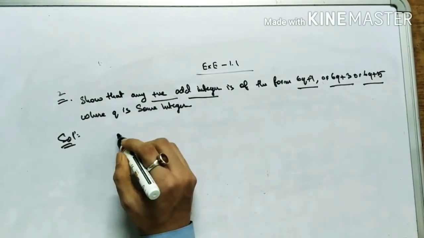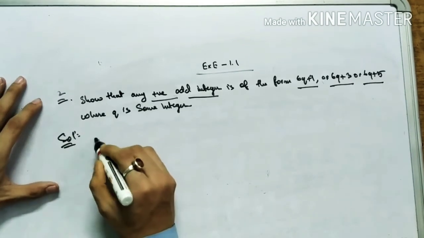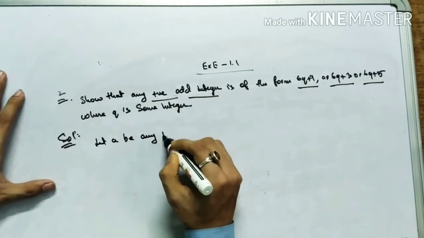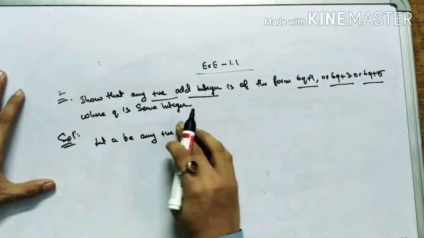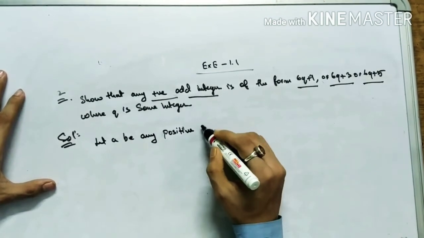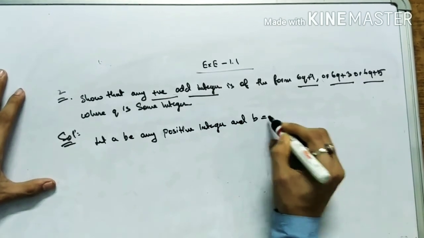So in here I will take that, first of all I will write, let a be any positive integer, and b is equal to 6.